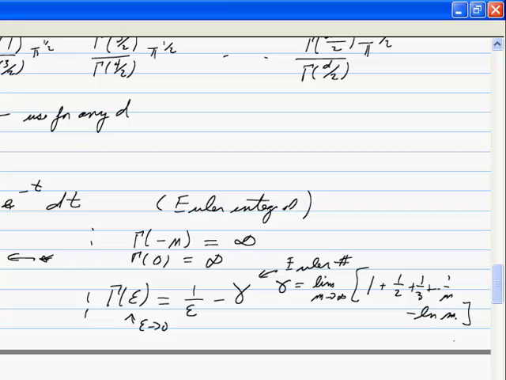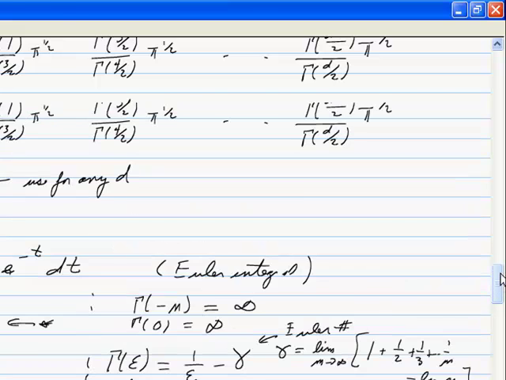So that sum approximates log m. And as a number, it's 0.577. All this wonderful math identities there. Okay, so there's your gamma function.